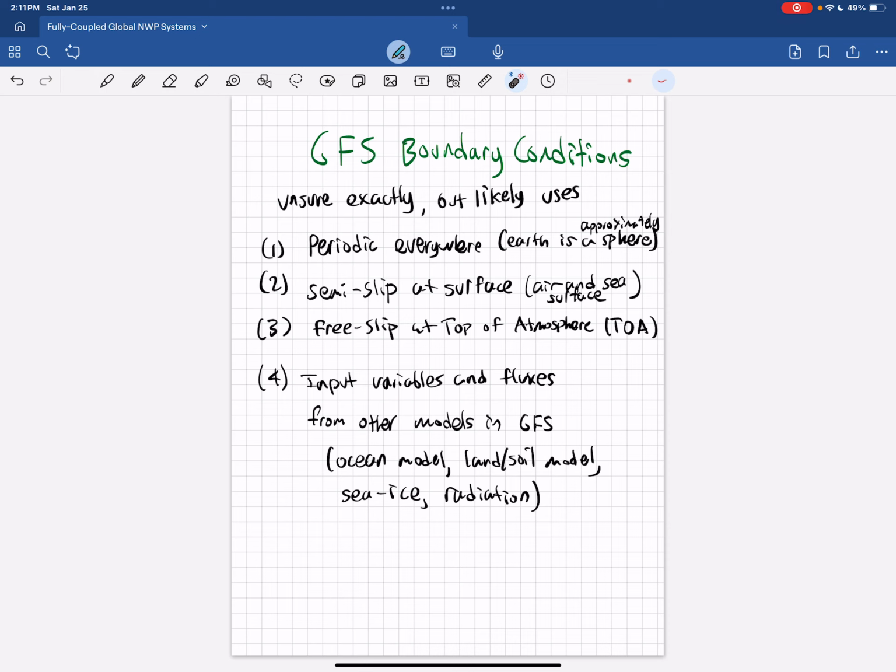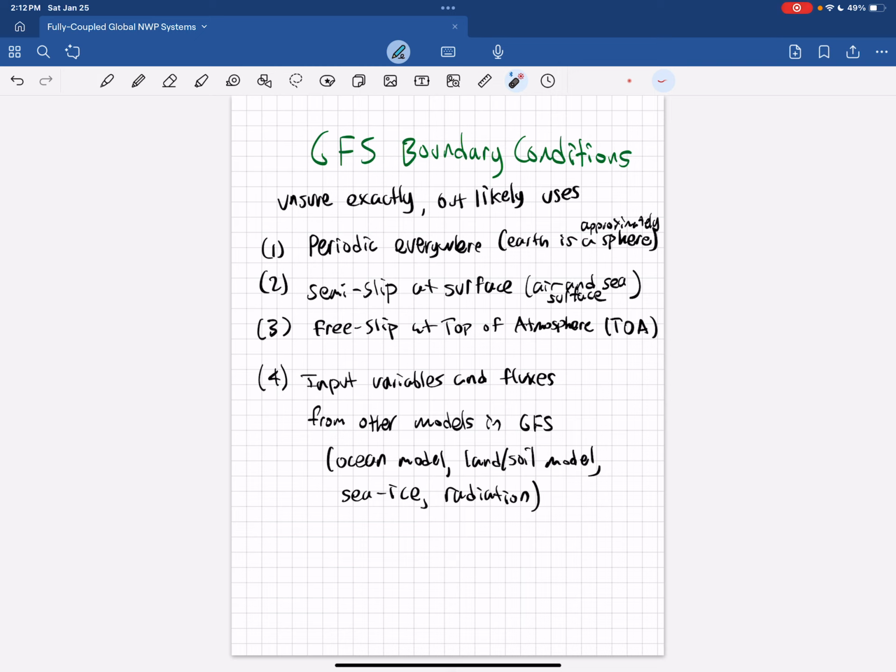But what about the sea surface? I'm assuming they still use semi-slip, and the effect of vertical wind stress, which honestly isn't even usually looked at at all. But if you wanted to, you could have a parameterization for vertical motion of air on the effect of another fluid, like the surface.